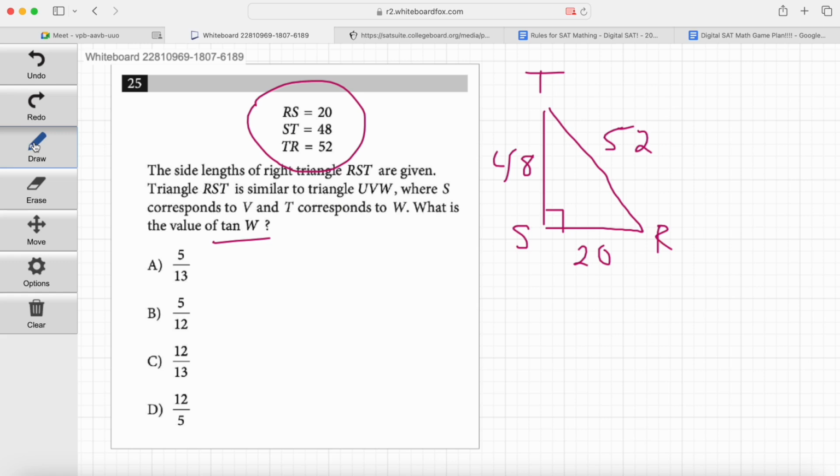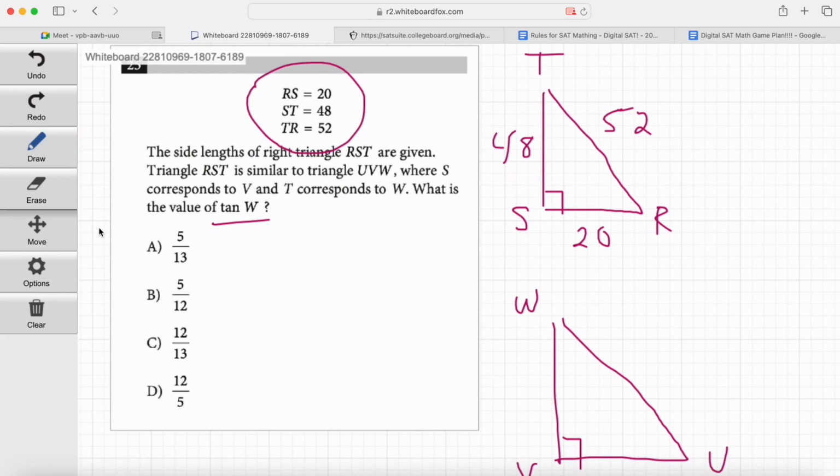So we've got to draw a triangle UVW. I'm just going to draw another right triangle here, right below. And that's got to correspond to RST. So here's U, here's V, here's W. And then we don't know the side lengths exactly for this.